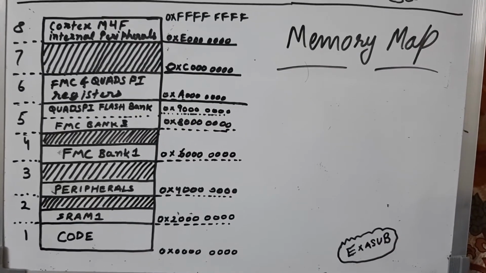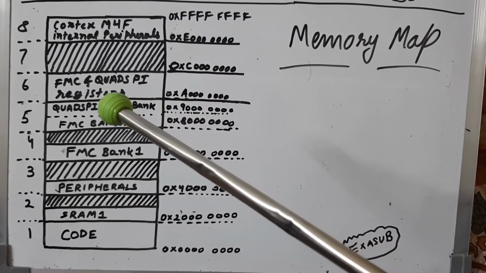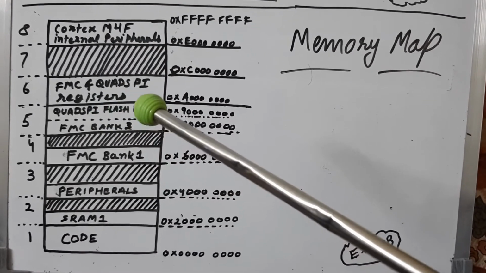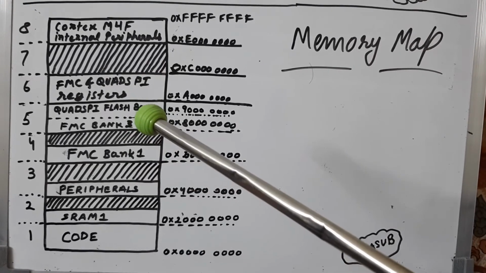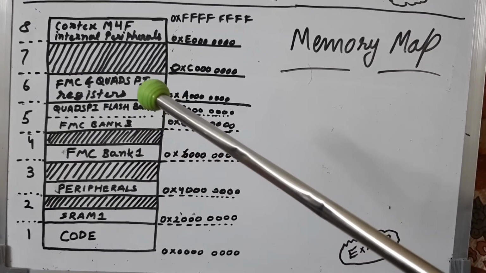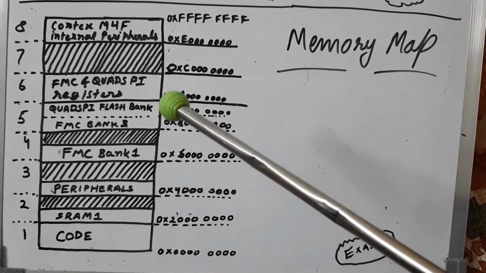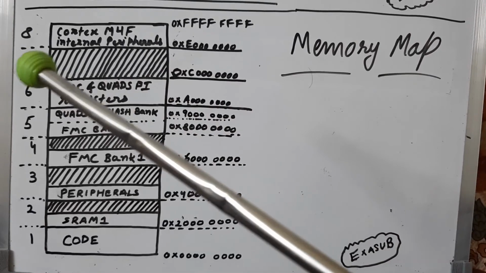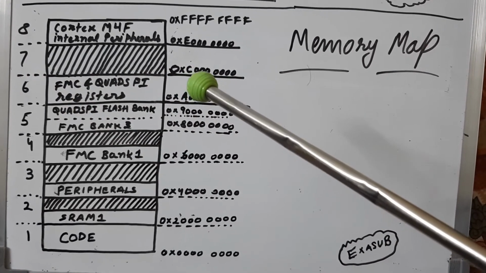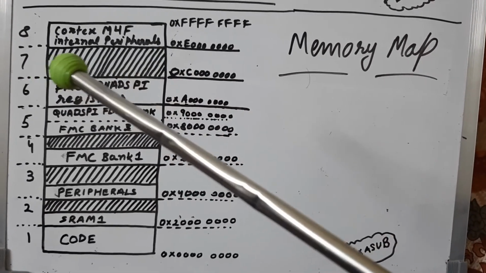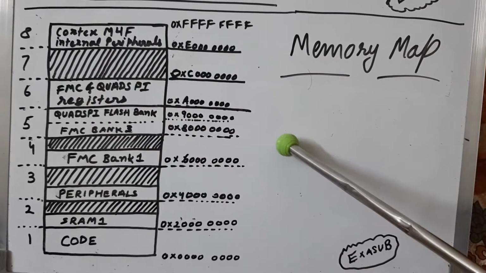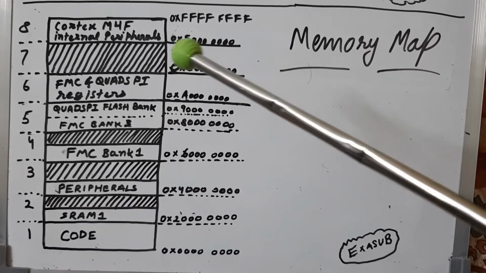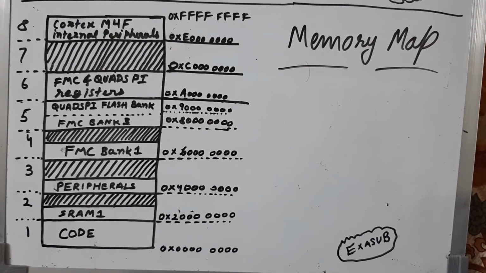whose starting address is 0x9000. Then we have the next section, FMC and Quad SPI registers. All these FMC Bank and Quad SPI registers are going to be available in this section, whose starting address is 0xA00. The seventh section, whose starting address is 0xC00, is not available in this particular microcontroller, and its addresses are not pointed to anything.